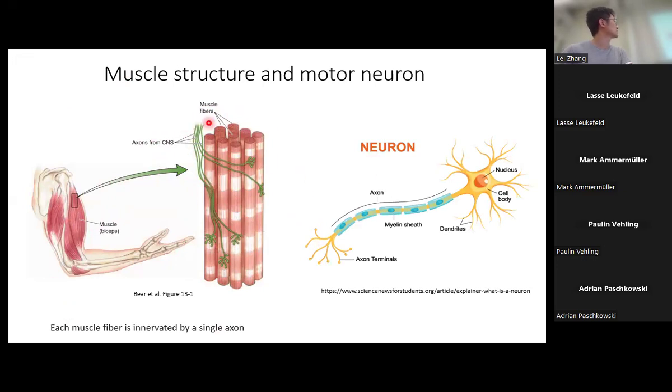The motor neuron is a type of neuron in the central nervous system. I assume that you all know what a neuron is. The neuron consists of the cell body and the dendrites, which receive sensory input, and the axon that sends out the signals. And this is an electrochemical device that transfers information.